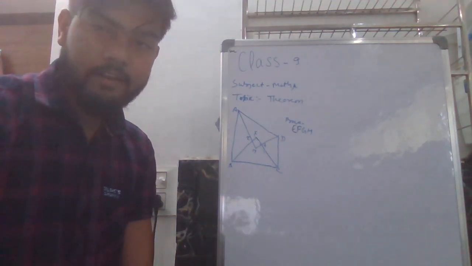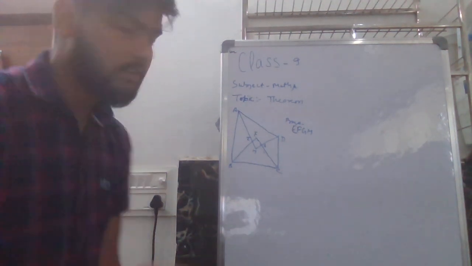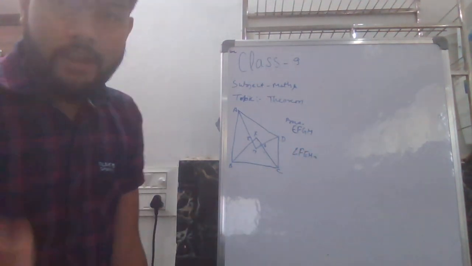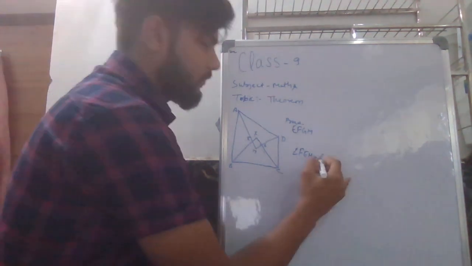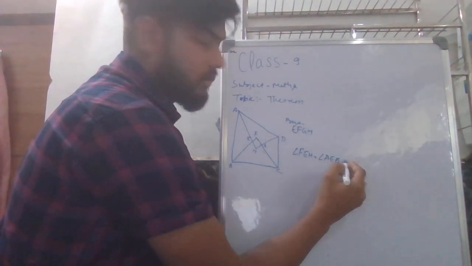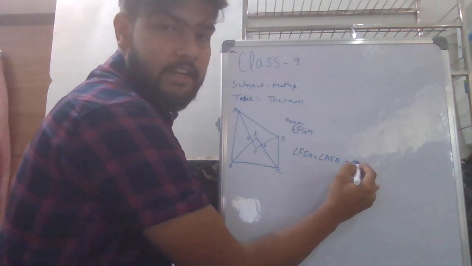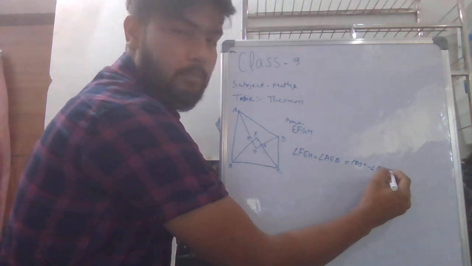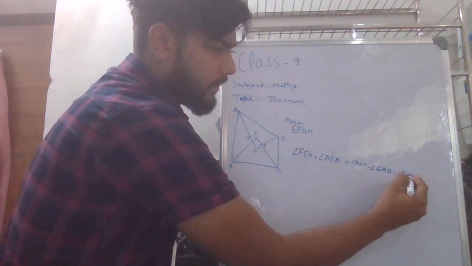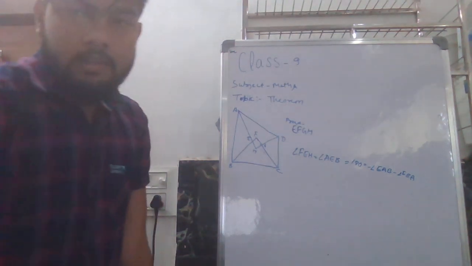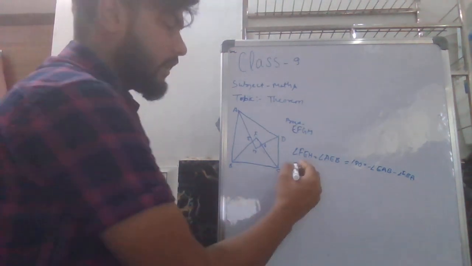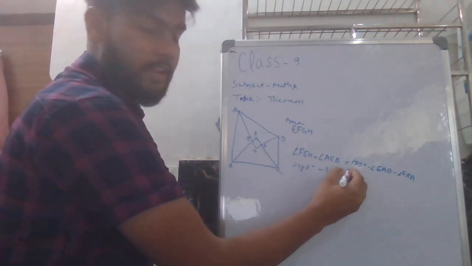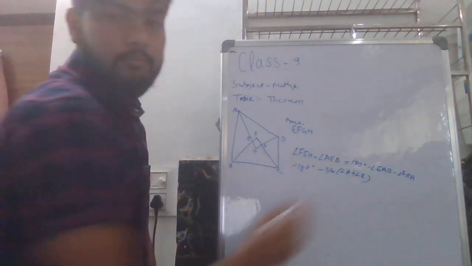Angle FEH is equal to angle AEB, which is 180 degrees minus angle EAB minus angle EBA. After that it will be 180 degrees minus 1/2 (angle A plus angle B).